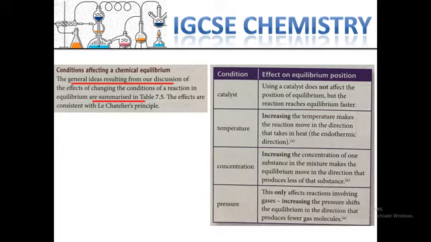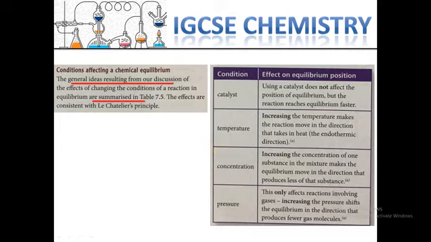Conditions affecting a chemical equilibrium. So there are some general ideas for our today's discussion, which is summarized in this table. This table is important, please, because it's a summary of this whole part.